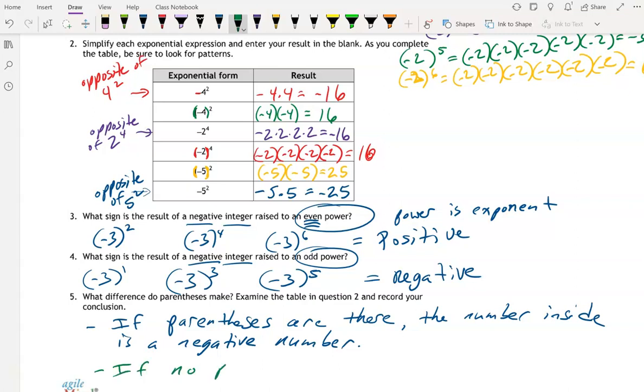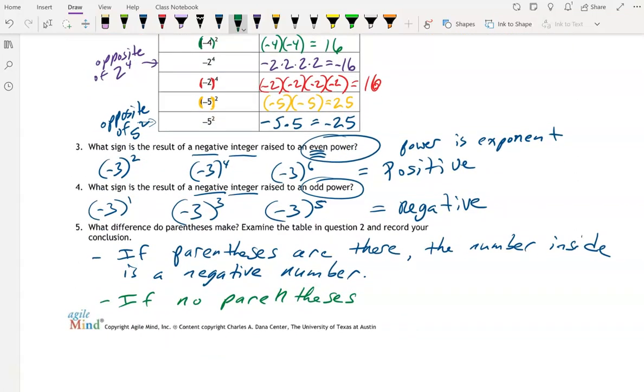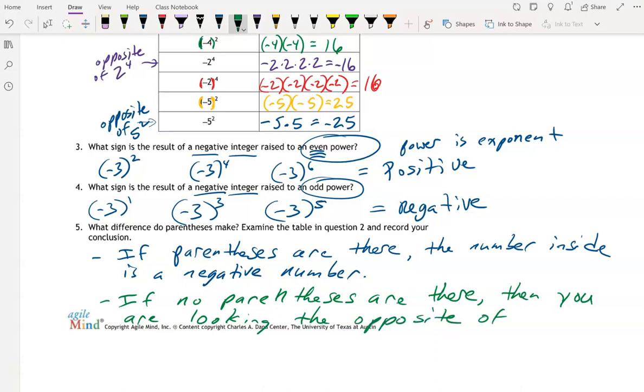However, if no parentheses are there, then you are looking at the opposite of the number.